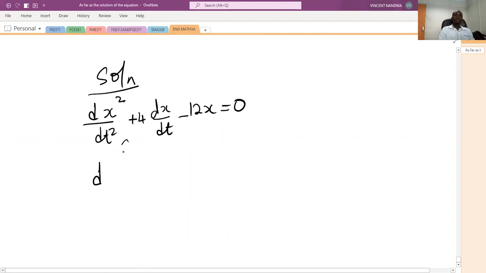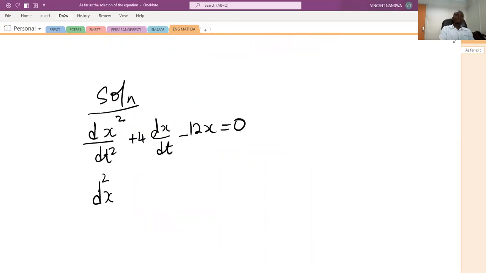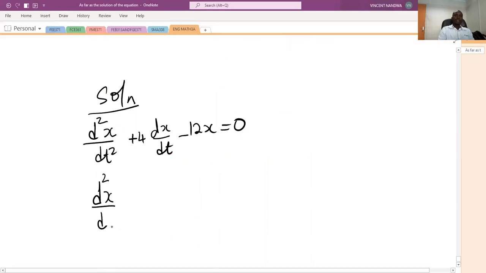So we'll say d squared x dt squared, take this to the right hand side, so we'll have 12x minus 4 dx dt.